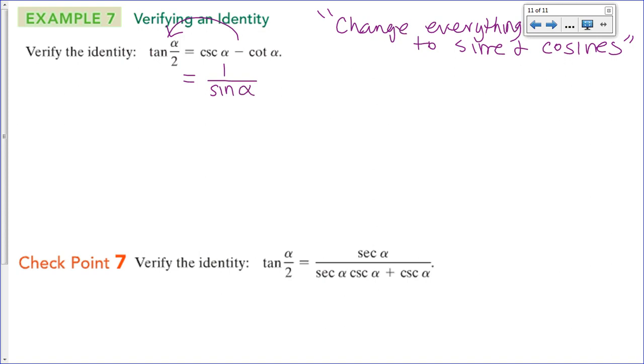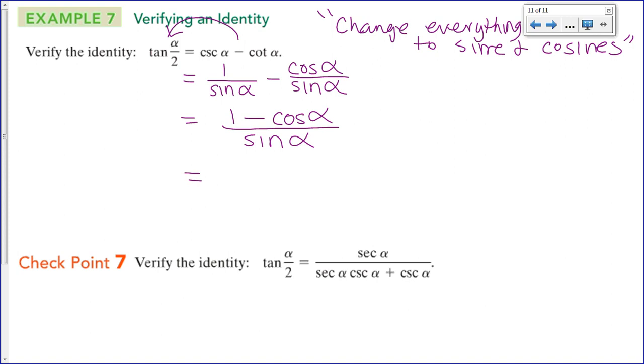Cotangent will be, by the quotient identity, cosine alpha over sine alpha. Then what we could do here is subtract 1 over sine alpha minus cosine alpha over sine alpha. They both have the same denominator, which is sine alpha.